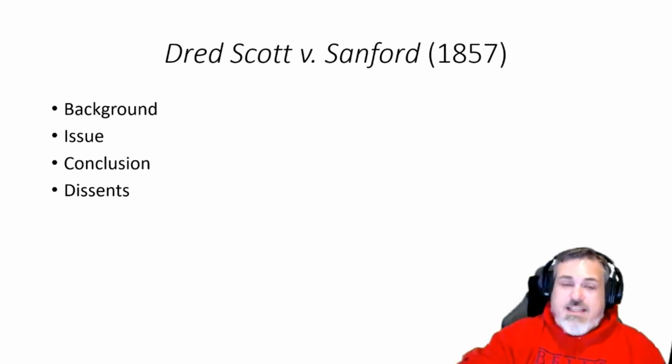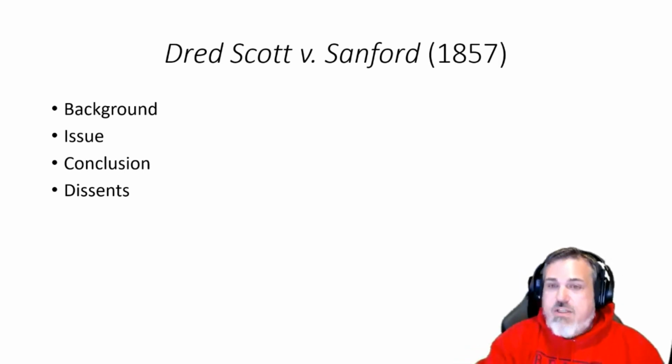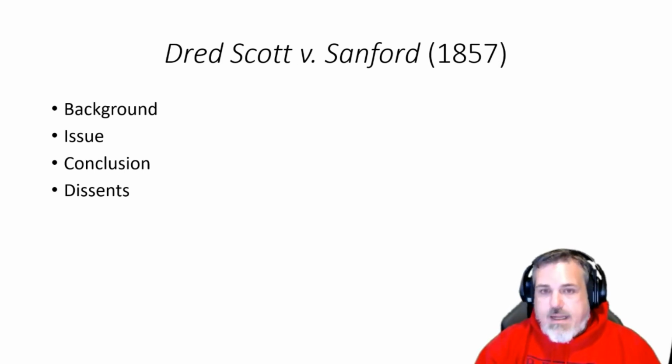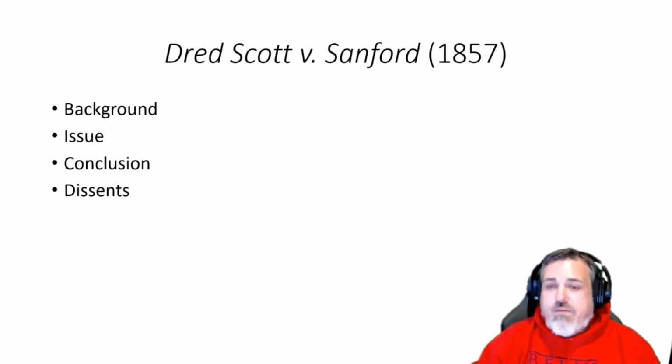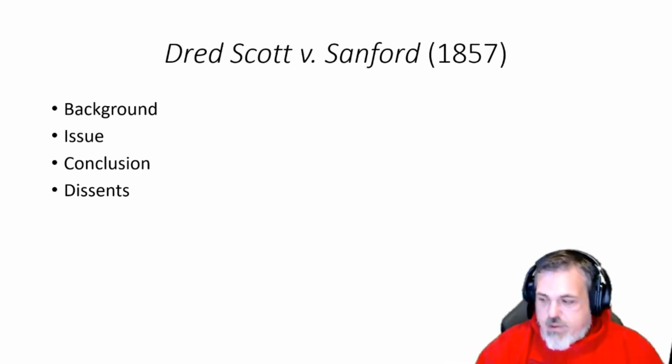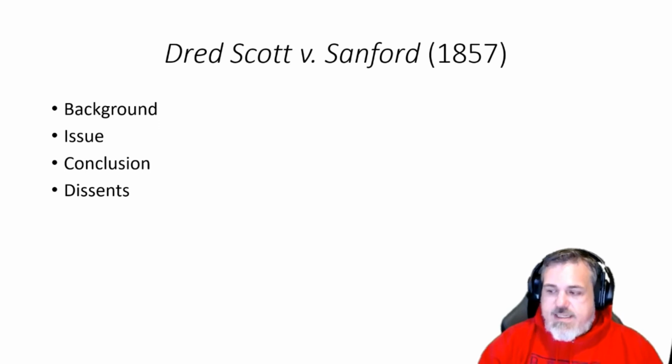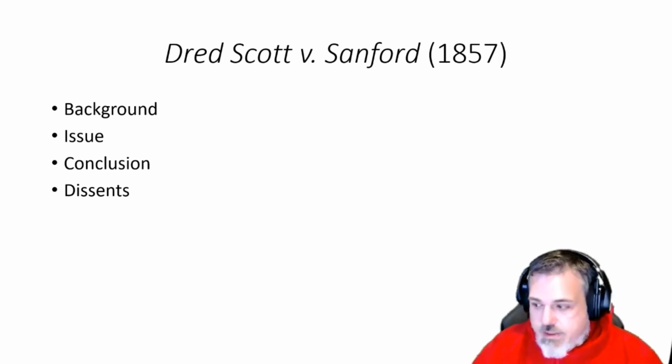And this was only the second time in the history of the United States Supreme Court that the court invalidated an act of Congress, the first being Marbury versus Madison 54 years earlier. And the reason for this, the reason why Taney and the majority believes this, is they state that the right to own slaves as property is guaranteed within the Constitution.